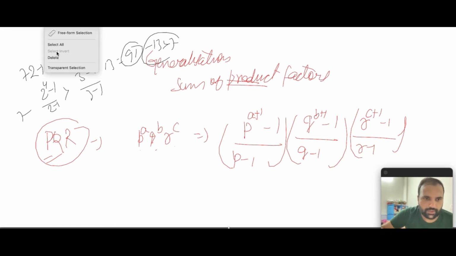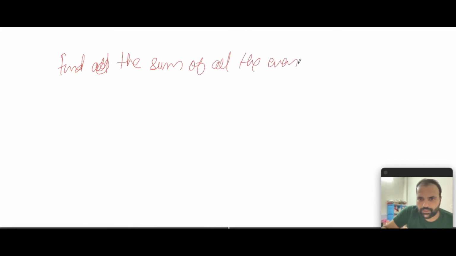Okay, now let's go back to the question we were trying to do. We had a number, we can take any random number again, and we were trying to find the sum of all the even factors of 72.